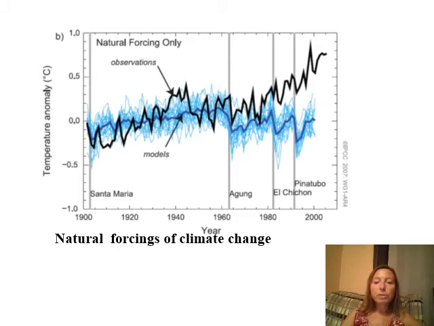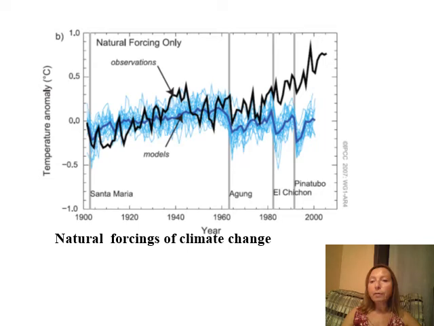And so what we see here is what would be our temperature today if only natural forces were shaping our climate. So our temperatures would be significantly lower. This is what we would experience right now. We would be going through slight coolings caused by several volcanic eruptions, including El Chichon, including Pinatubo.